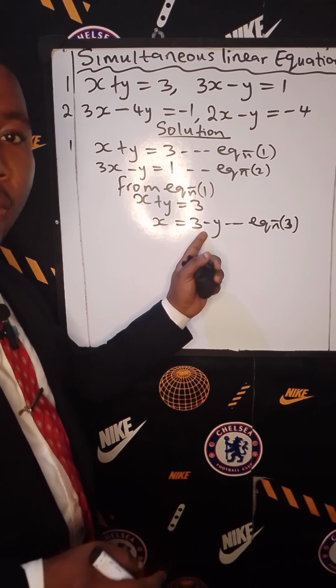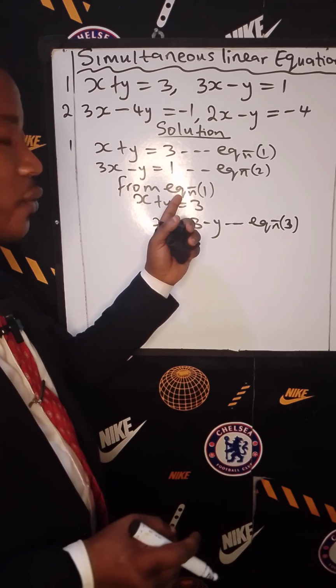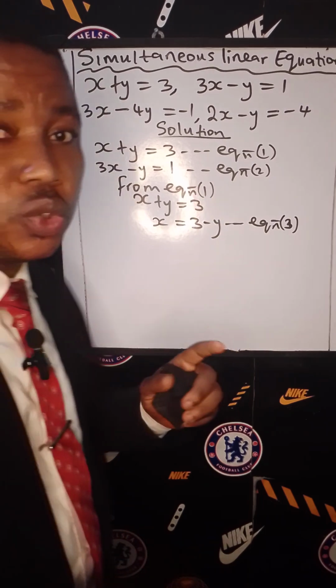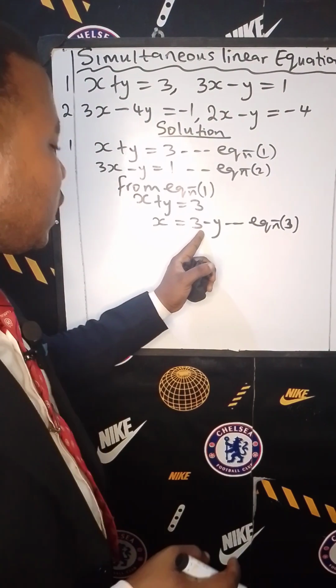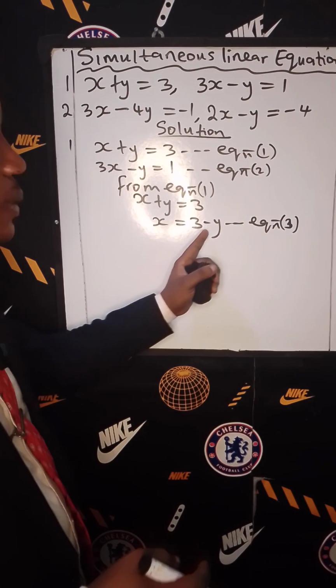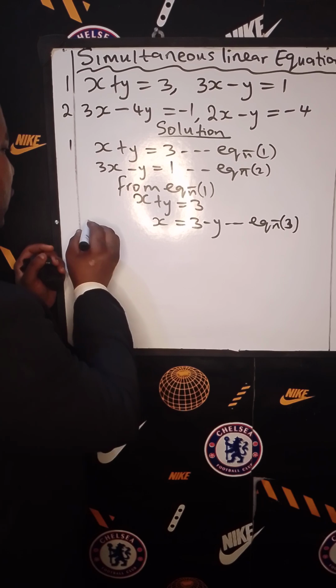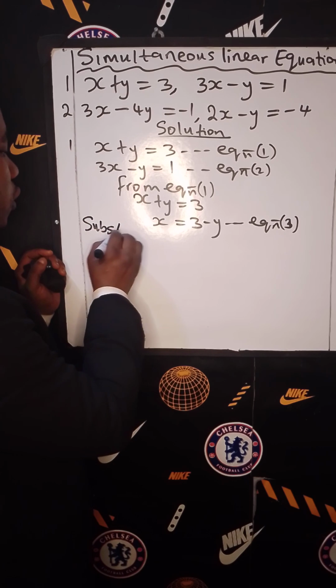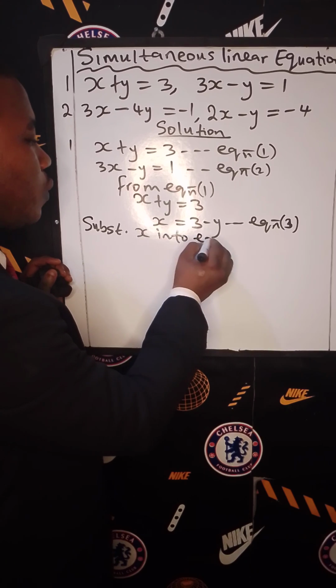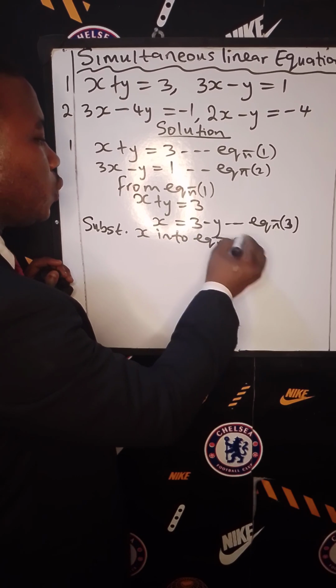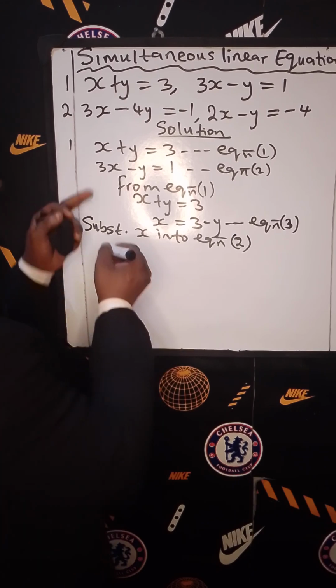So anywhere we see x, in the next equation, we have used equation 1, now we're going to use equation 2. So anywhere you see x, you substitute it with 3 minus y, because x is the same thing as this. Now we substitute x into equation 2, and equation 2, I'll bring it down.